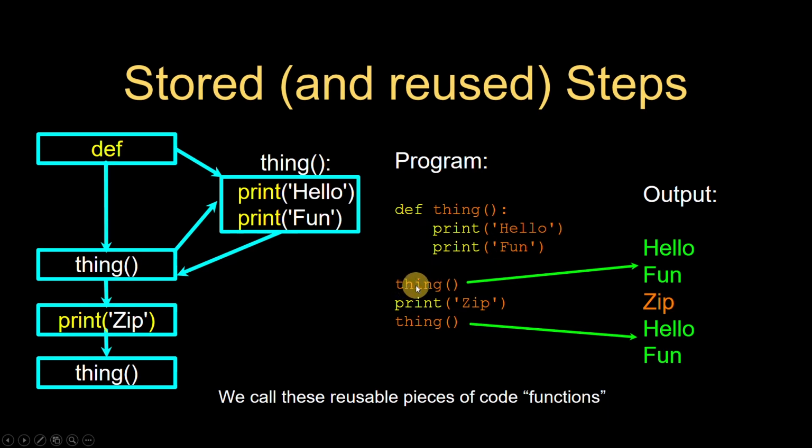For example, if you assign something, if you do another operation, that will be done, and then it will go to the next normal printf statement which prints zip, and then again we have a function call. When you again have the same function call, the program execution control goes into the function definition again and executes those two lines again, okay?